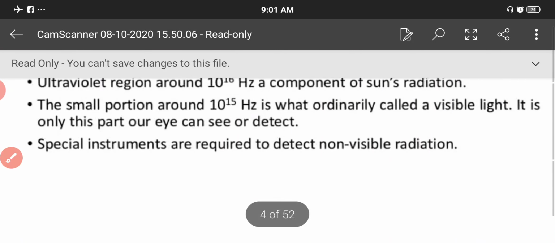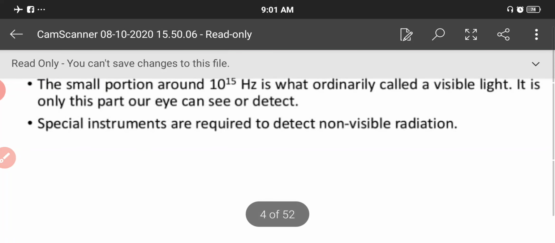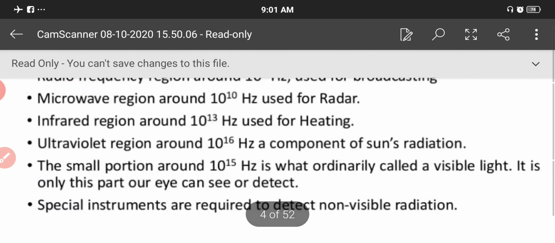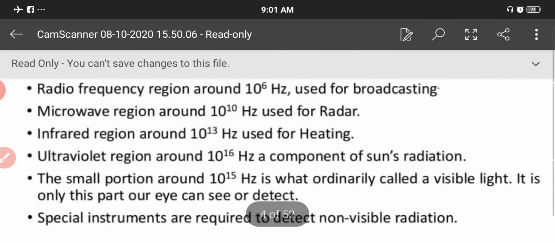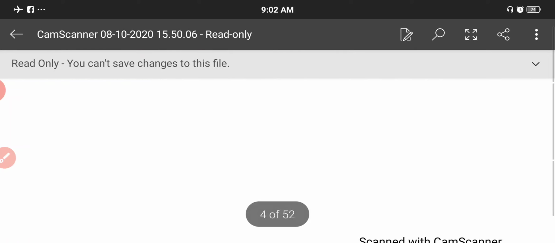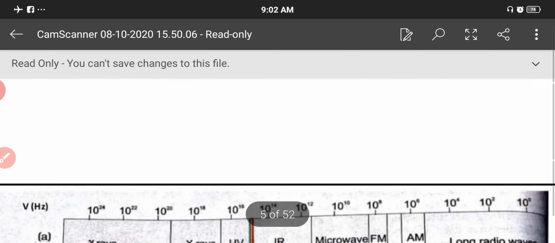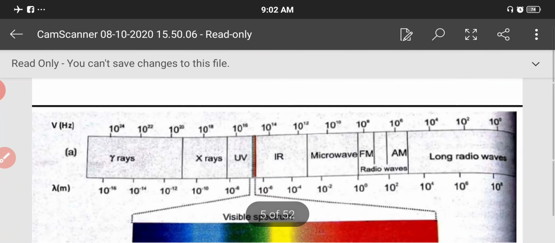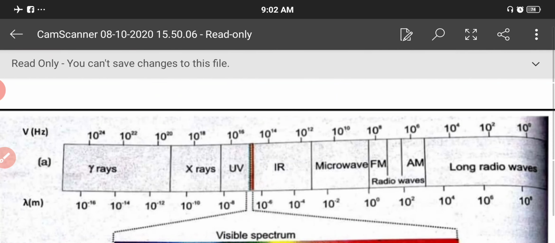Special instruments are required to detect non-visible radiation. Means if you want to detect UV, infrared, microwave or radio frequency, you need a specific instrument because they are non-visible. See this chart.